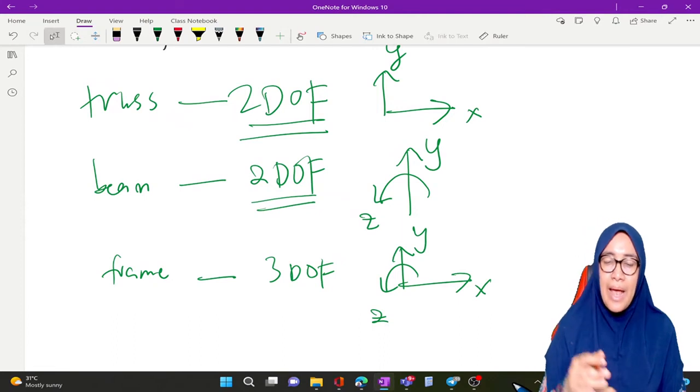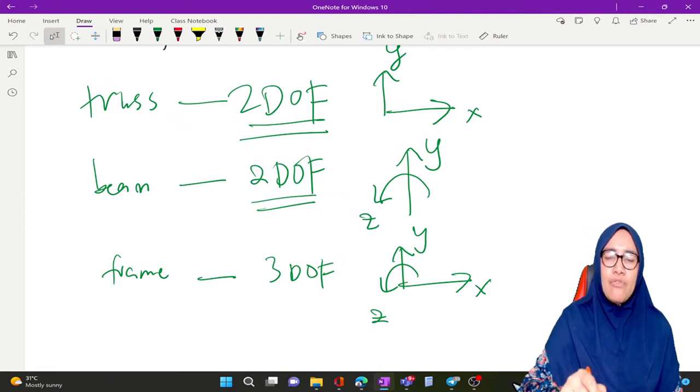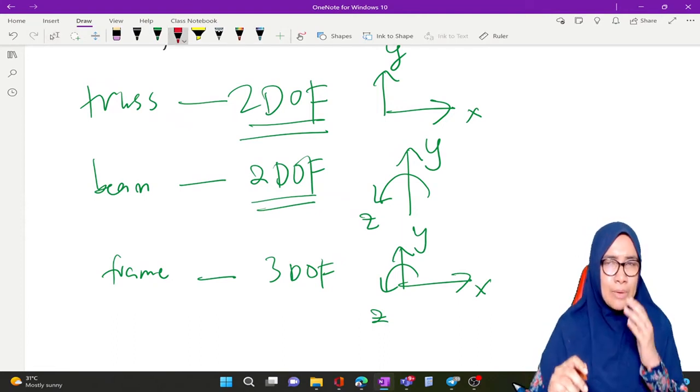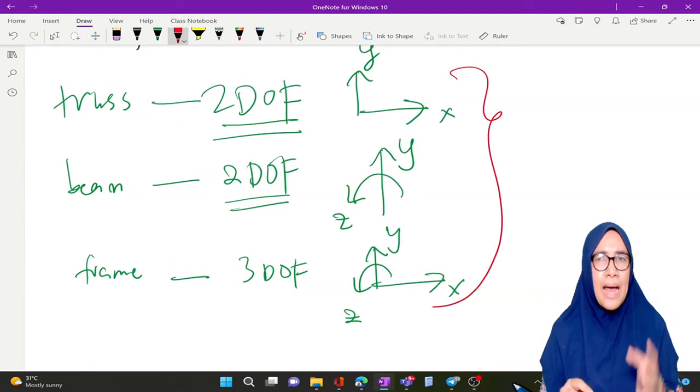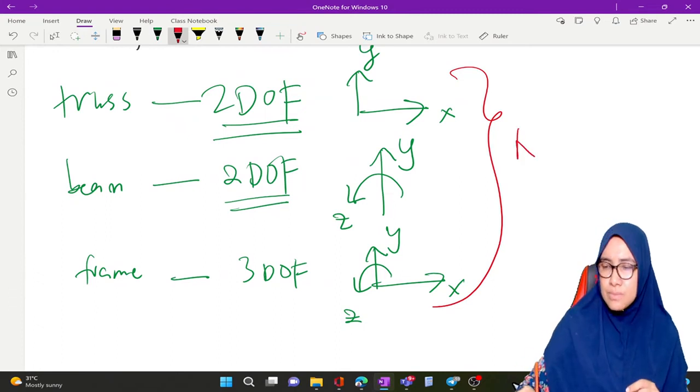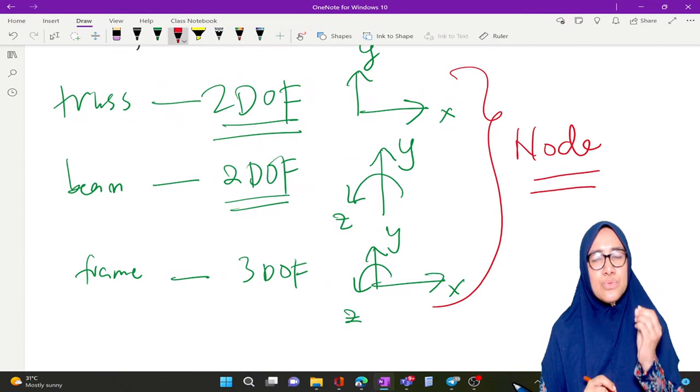And all these degrees of freedom, we apply to node.